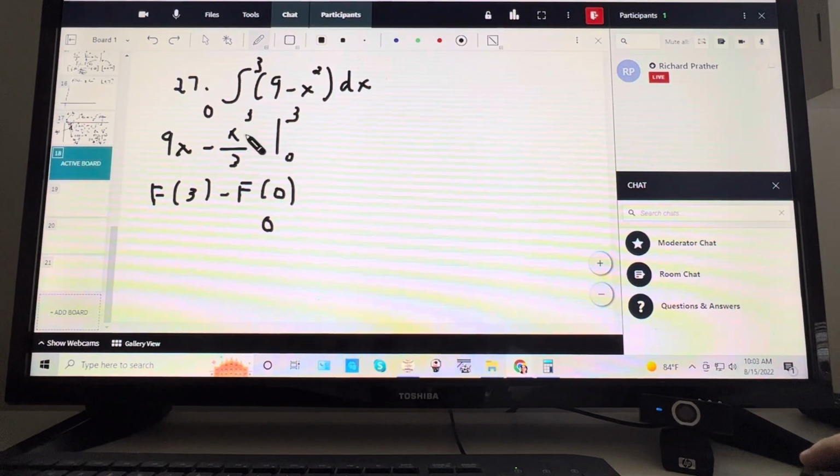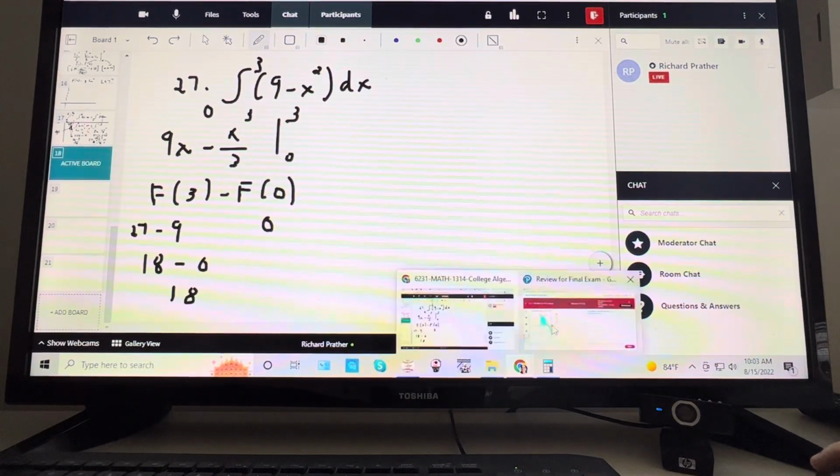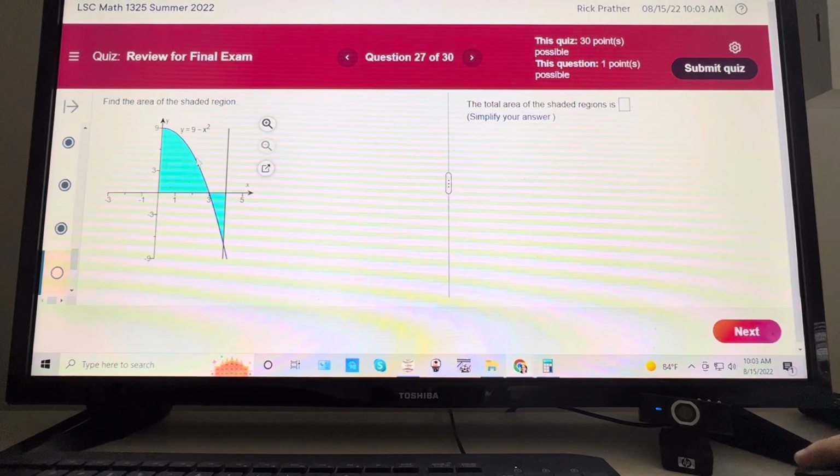Putting zeros in both of these will give me all zeros. So I'm going to get 27 minus 27 over 3, which is 9. So that came out evenly. 27 over 3 is 9. So that's 18. Minus 0 is 18. So this has an area of positive 18 right here. And clearly this doesn't have as much area as that does. So it's going to be a negative something, but it should be negative less than 18.